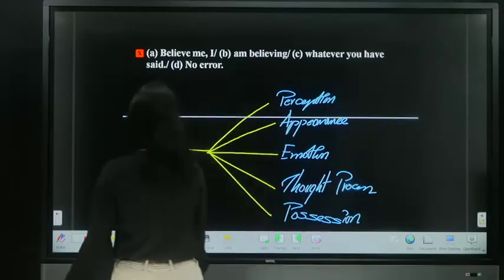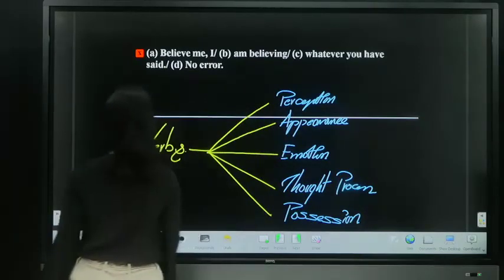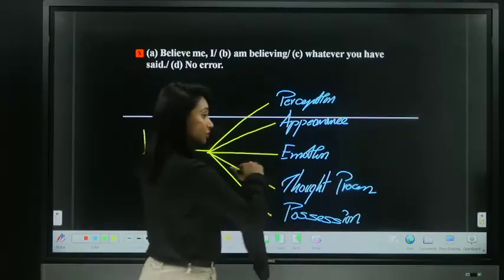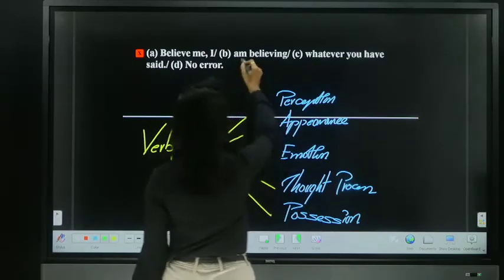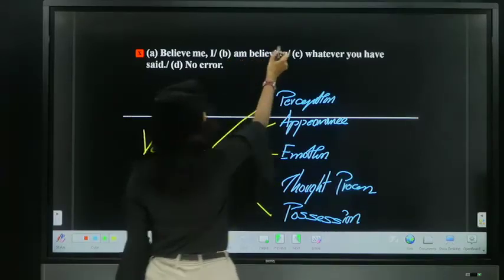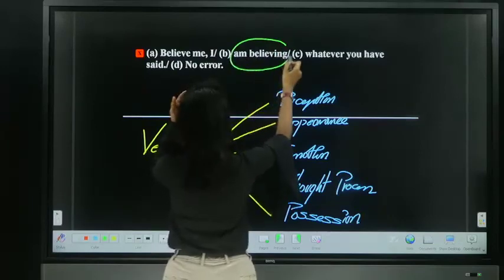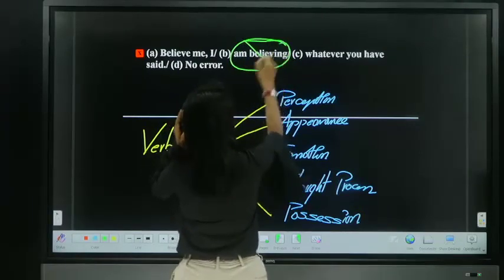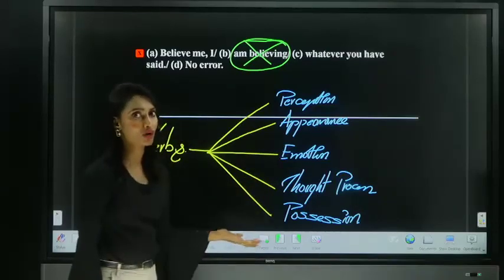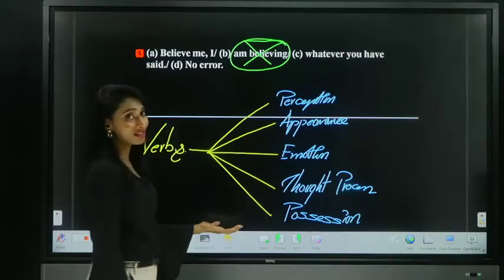Here in our given sentence we have one of this kind used in continuous tense. I am is already here, so it is not required. You cannot use it in continuous tense because it is a verb of thought process. Believing is a verb of thought process.